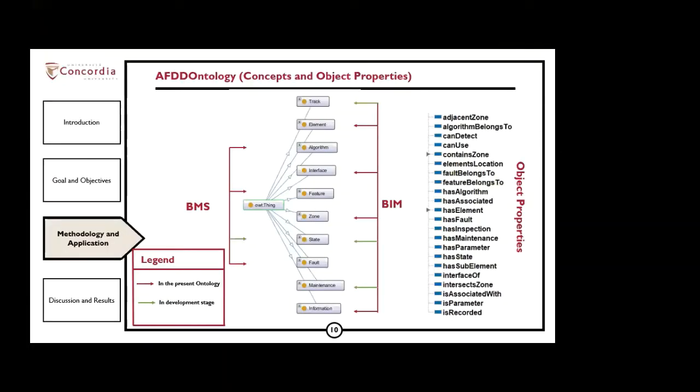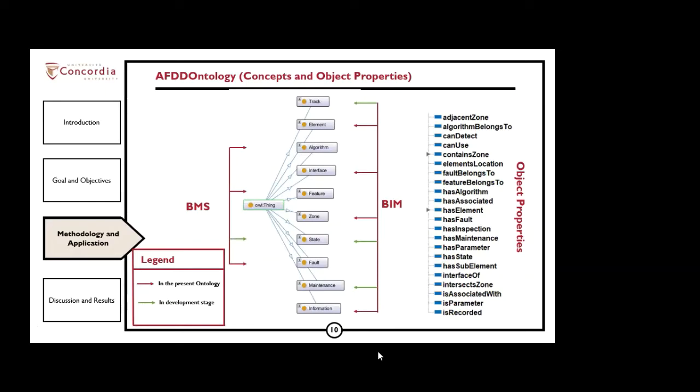On the left hand side, I'm not able to show it with the laser pointer, but the left hand side shows the information coming in from BMS. That's the algorithm, the features being used, the states and defaults. The BIM contextual information I'm talking about is the element information itself, the interface, the zonal information that it includes, the maintenance information, and supplementary information about the building and the HVAC itself.